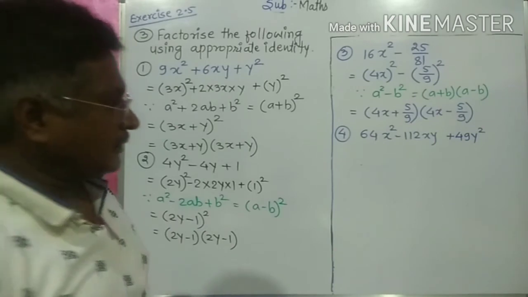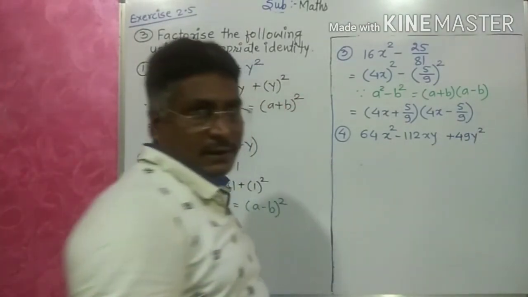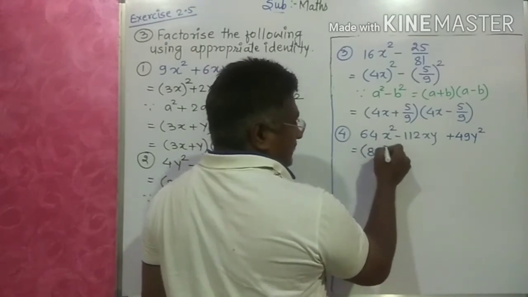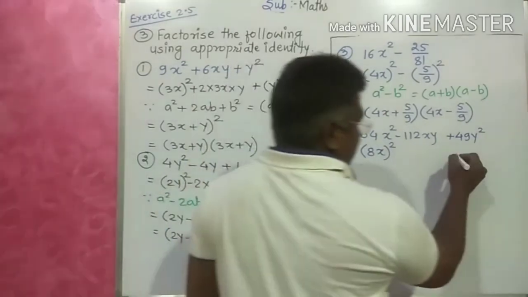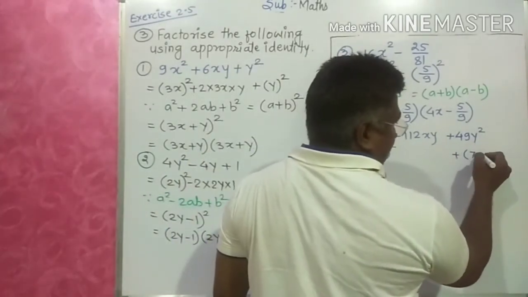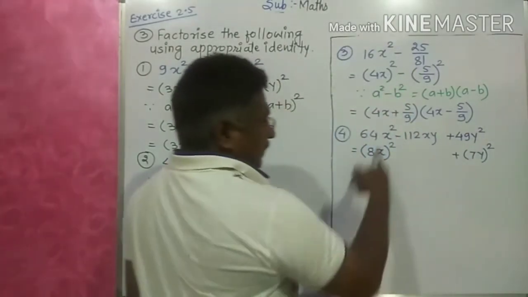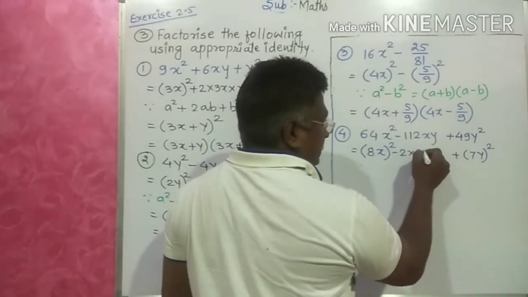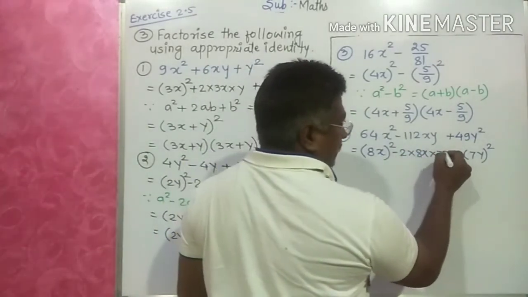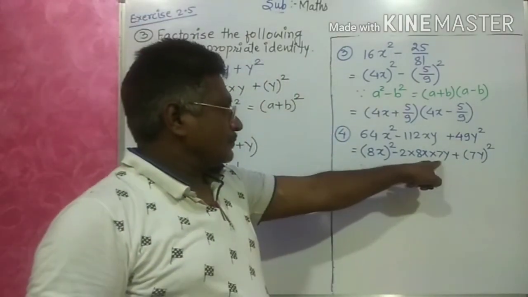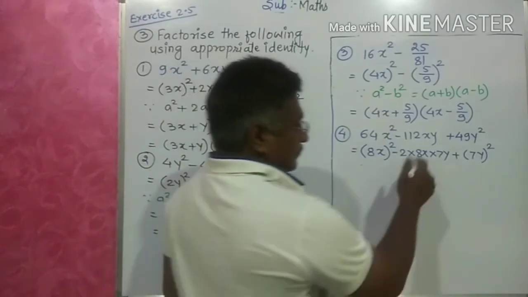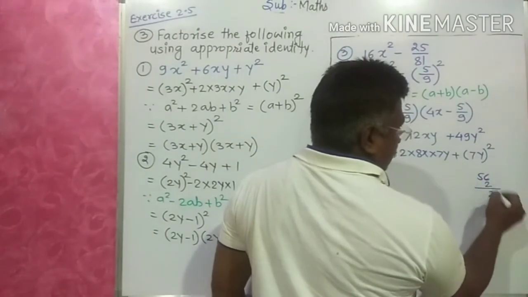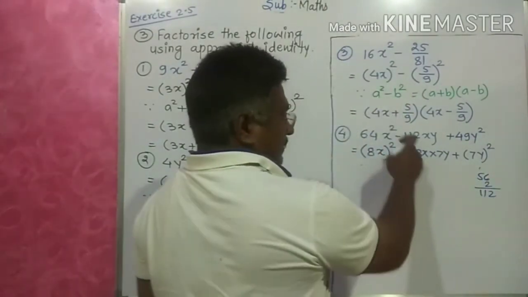Like this it is given. The first and last terms are perfect squares. So 64x square is (8x) whole square. The last term, the square root of 49 is 7, so (7y) whole square. The middle sign is minus, so minus 2ab, where a is 8x and b is 7y. Check whether this is coming. 8 times 7 is 56, 56 into 2 is 112. Got it? Same.